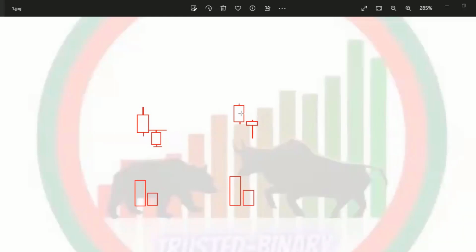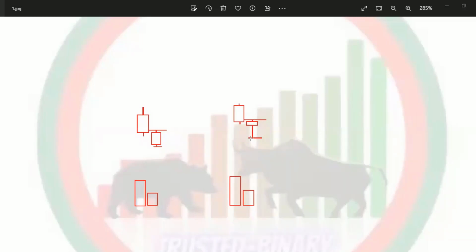Sellers are stronger, it's okay. Volume high, it's okay. Sellers stronger with high volume, they didn't allow buyers. They pushed the market here to here, but buyers again entered from here, and pushed the market from this point up, and finally this candlestick is a weak body candlestick from the seller side.